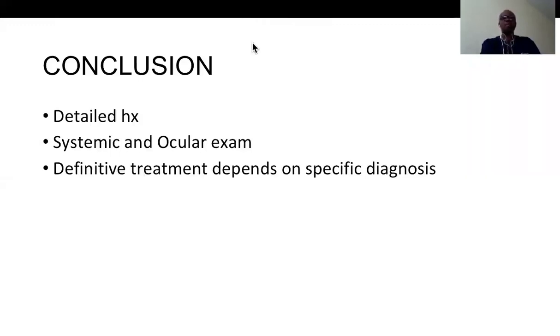Maximal benefits will come from specific definitive treatment. So we may not have a good outcome if we allow all these cases of secondary open-angle glaucoma to be managed the way we manage primary open-angle glaucoma.